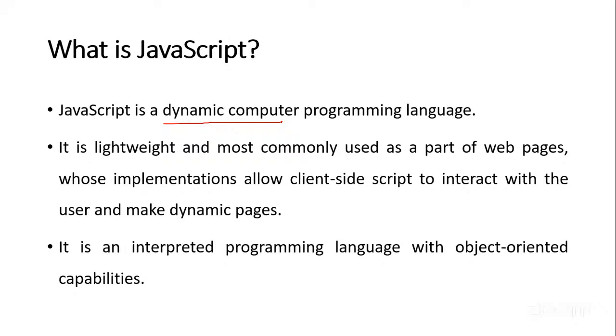What is meant by dynamic? For example, a website may contain static pages and dynamic pages also. Let me give the clarity first. What is a static page and what is a dynamic page? For example, if you are trying to read news using any particular news website, that is called a static web page.